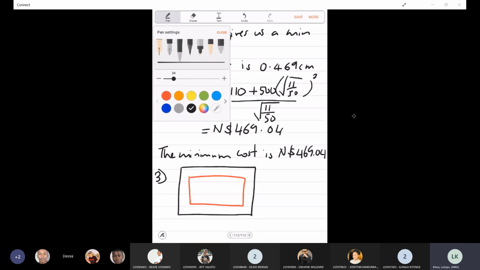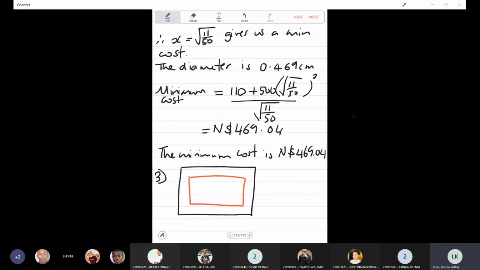And we are told that from the top, this length there is 1 centimeter. So that's also 1 centimeter. And then on the sides, we have 3/4 of a centimeter, like that.